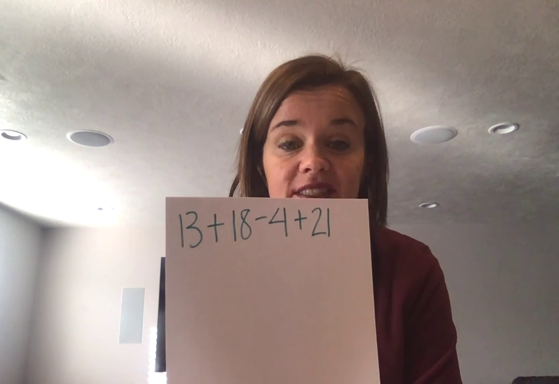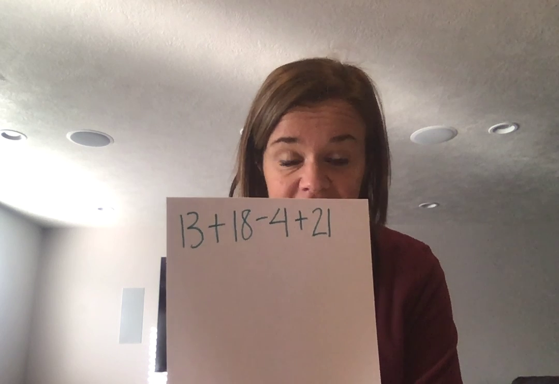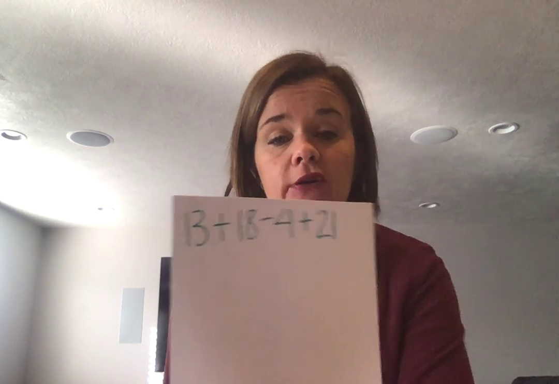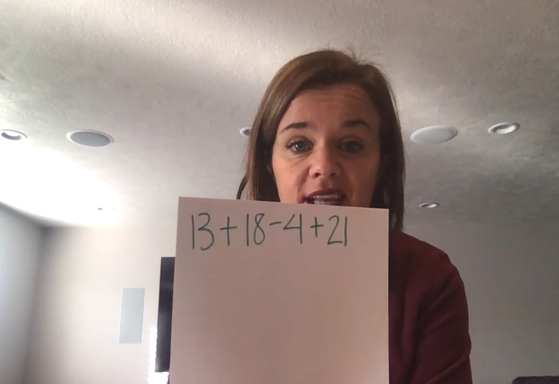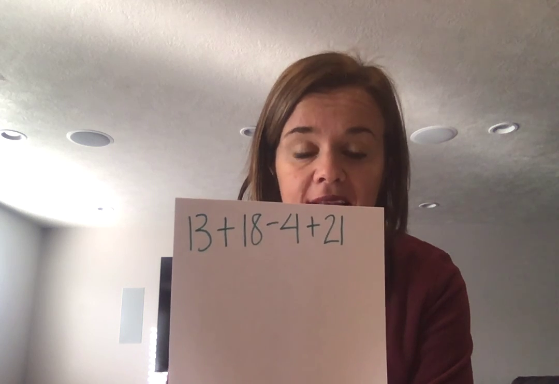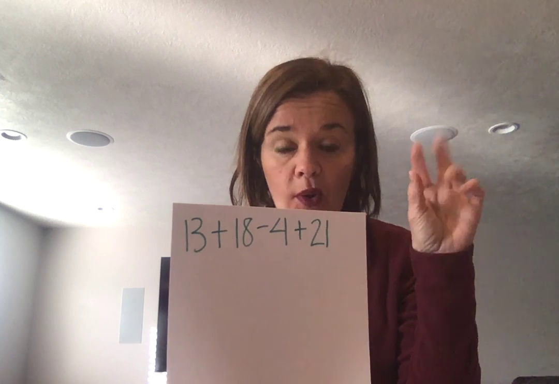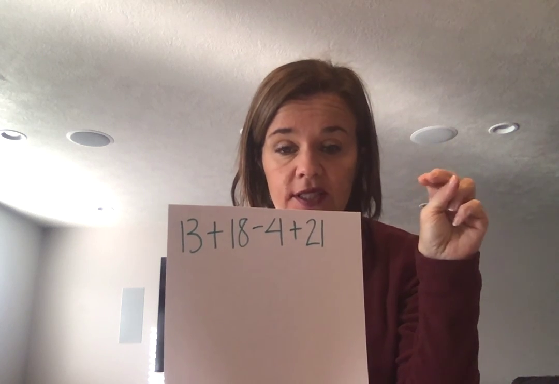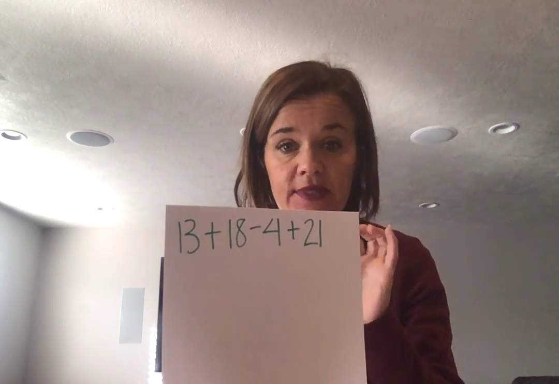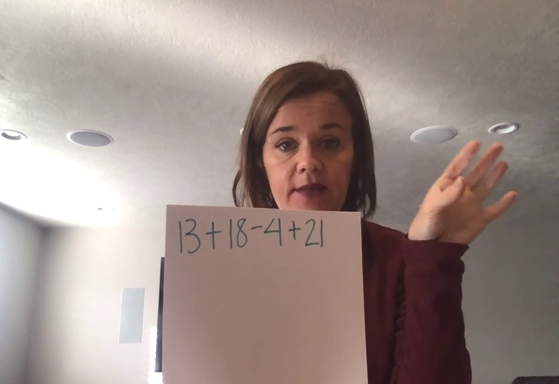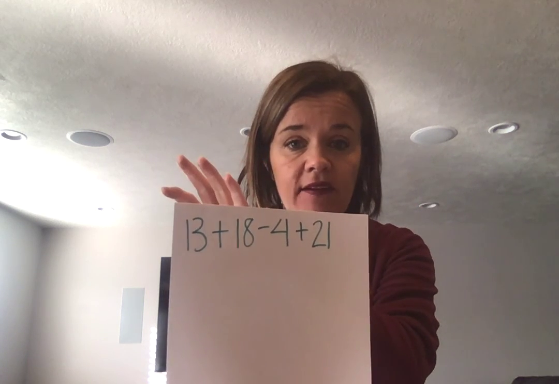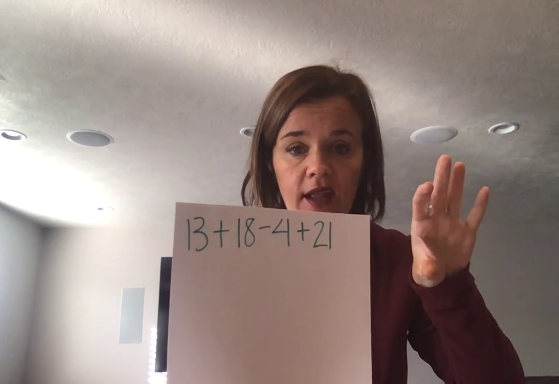Do I have addition and subtraction? Yes. Okay, so remember how I told you in yesterday's lesson that adding and subtracting are related? And so when we're doing the order of operations, they're done at the same time. So you would start from the left side of the paper and go to the right, okay?